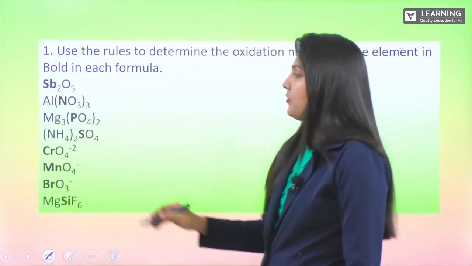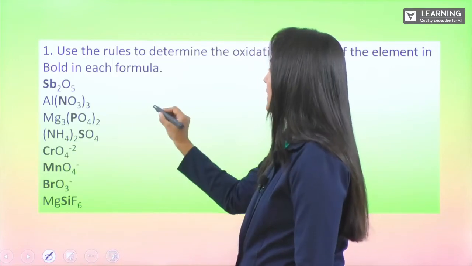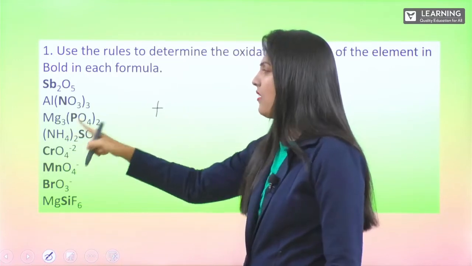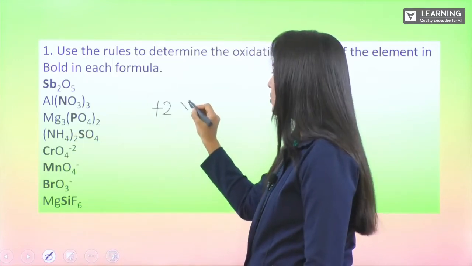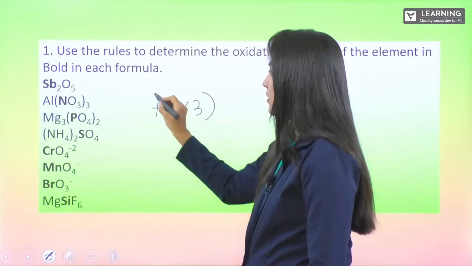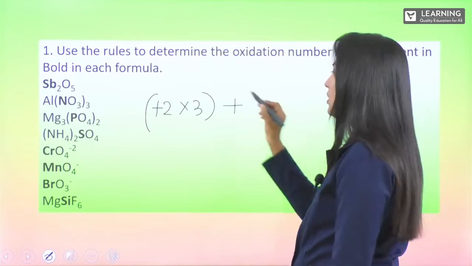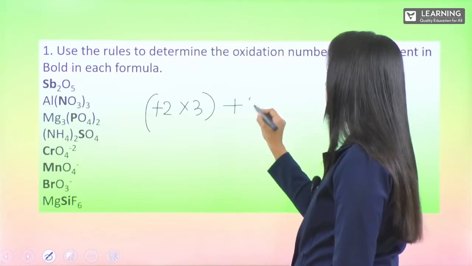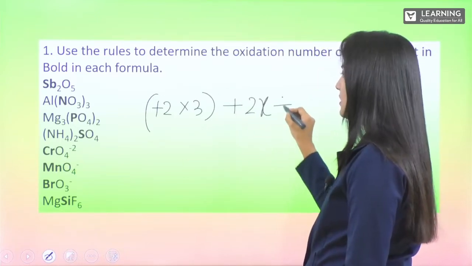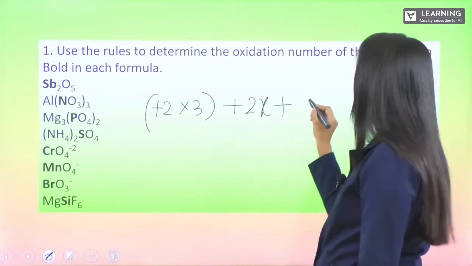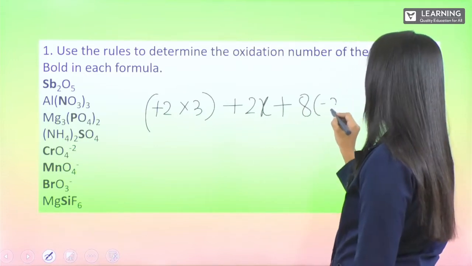Similarly, for magnesium, if you see, magnesium will be +2 into 3. Plus phosphorus, we need to find out. So 2 into phosphorus, so 2x, plus 4 2s are 8, 8 into -2.